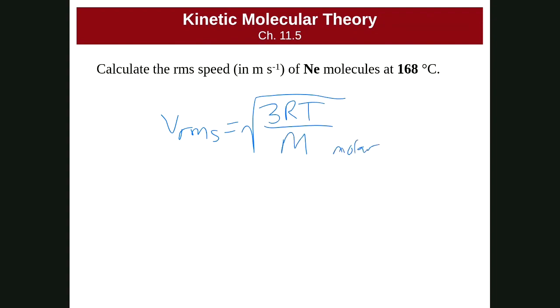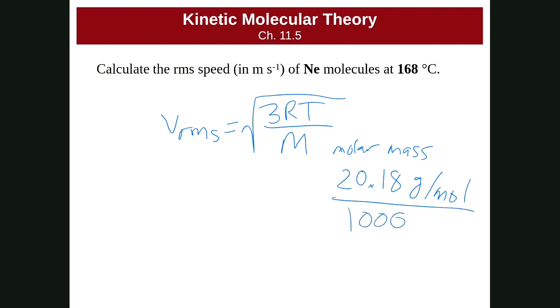And if you look up the molar mass of neon, it is 20.18 grams per mole. And I just told you that you need this to be kilograms per mole. So that means we are going to divide by 1,000 because there are 1,000 grams in 1 kilogram.